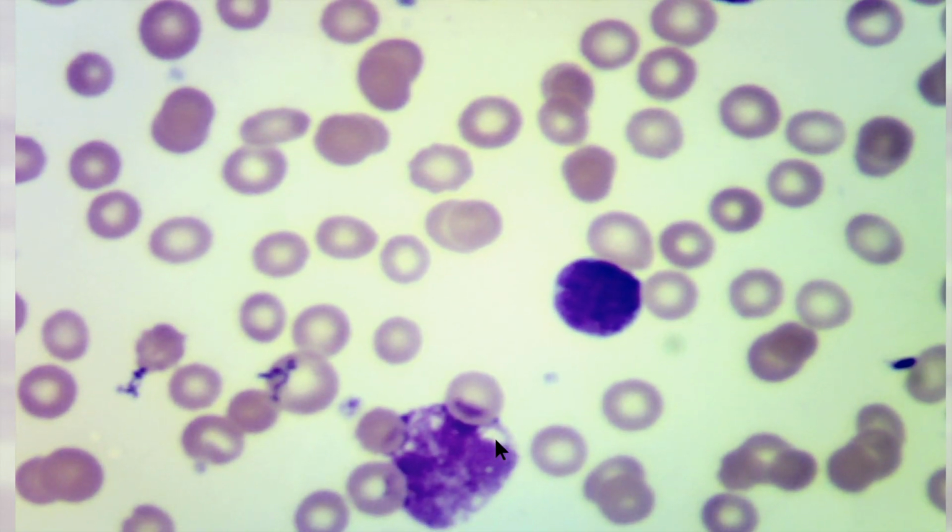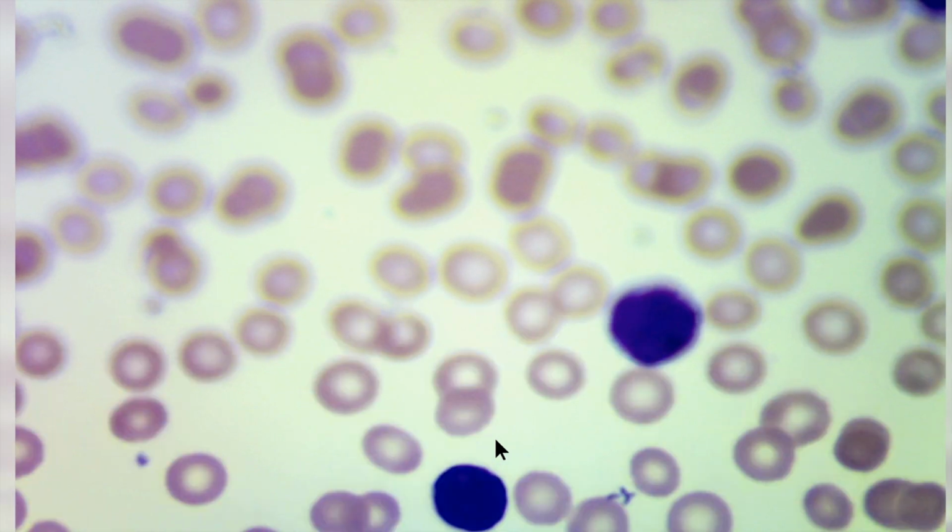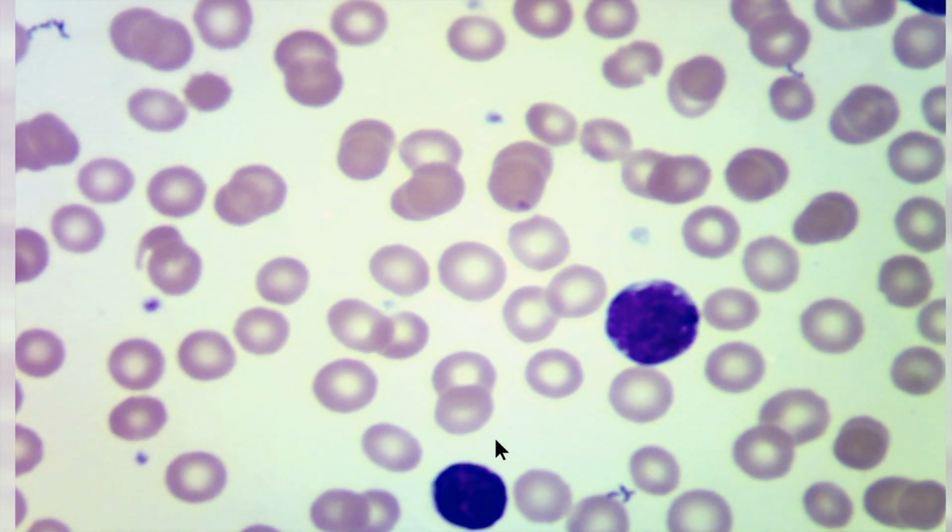As I go through the field, I see the same pattern of cells repeated. I see these lymphocyte-looking cells with a very unique nuclear morphology, and the chromatin pattern. This cell down here looks like a resting lymphocyte in its appearance, but not in its size.